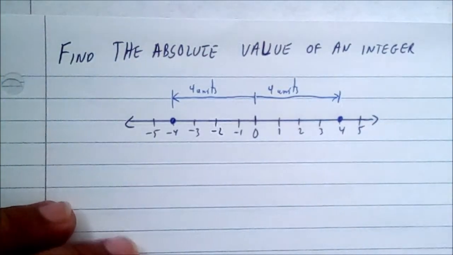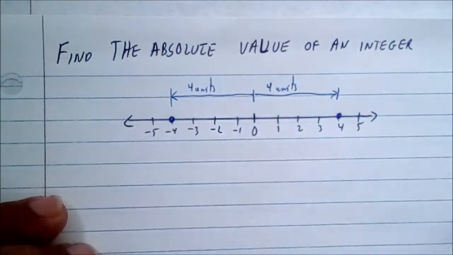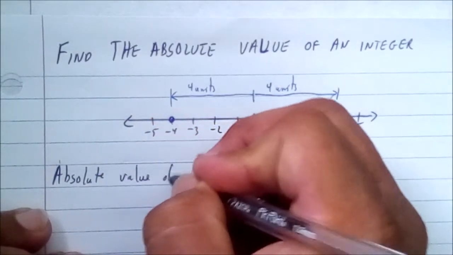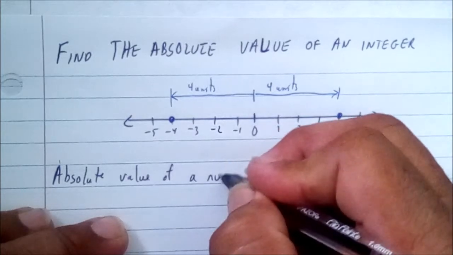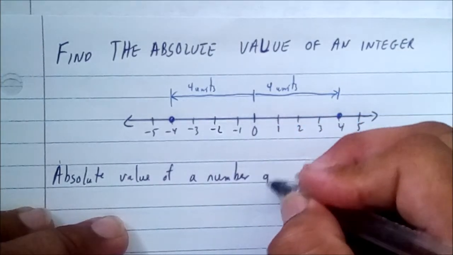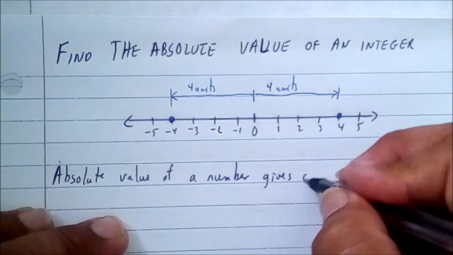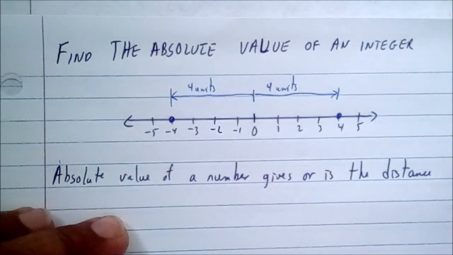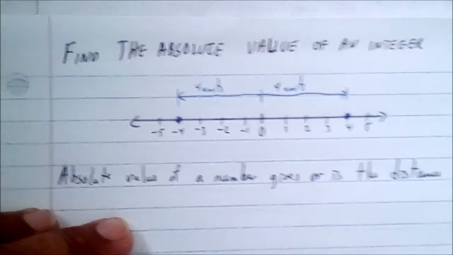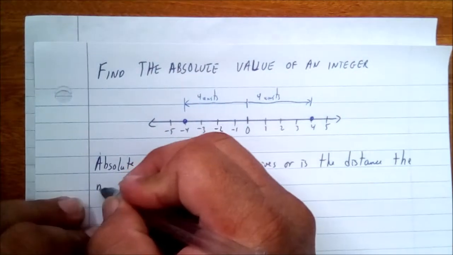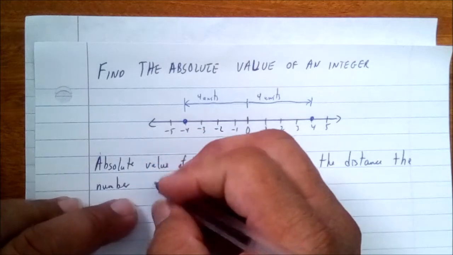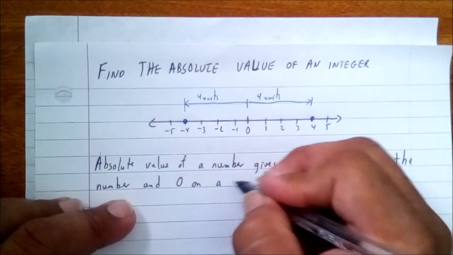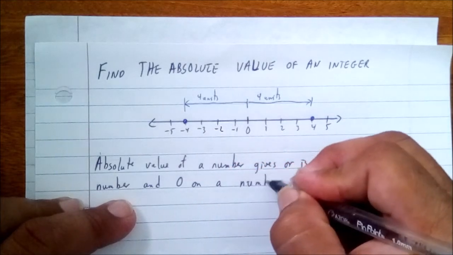So in other words, here we write this definition: the absolute value of a number is the distance between the number and 0 on the number line.